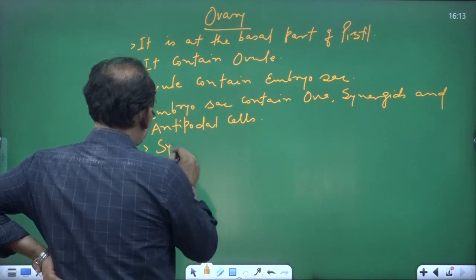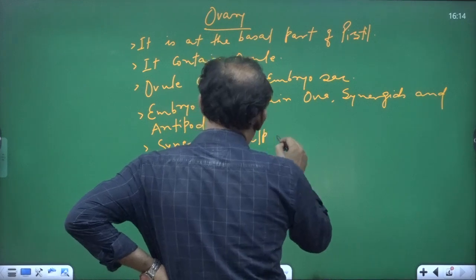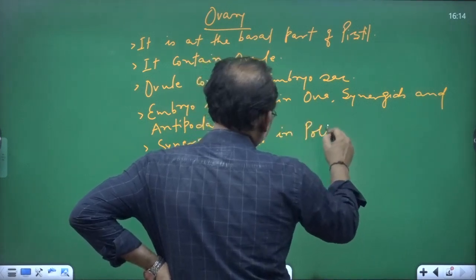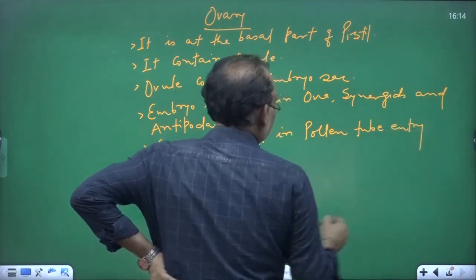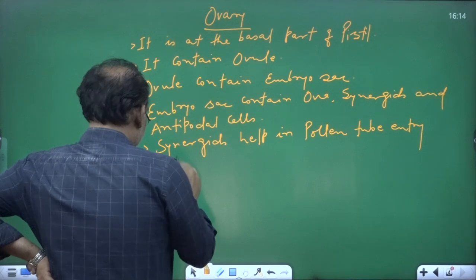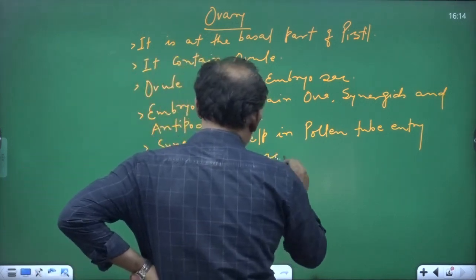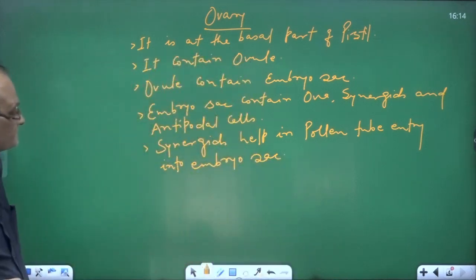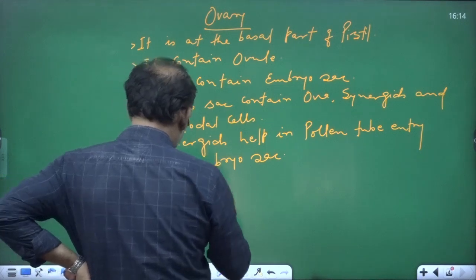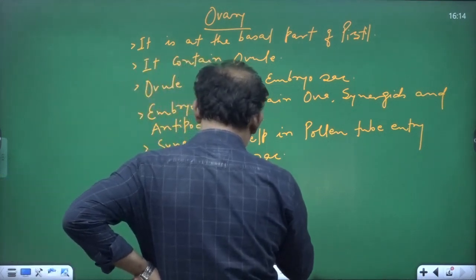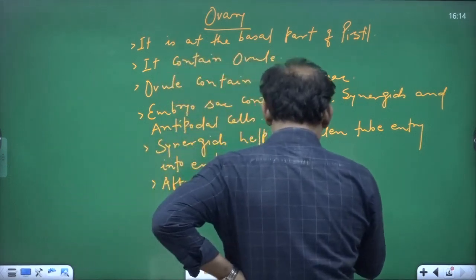Synergids help in pollen tube entry into the embryo sac. After fertilization, synergid degenerates.